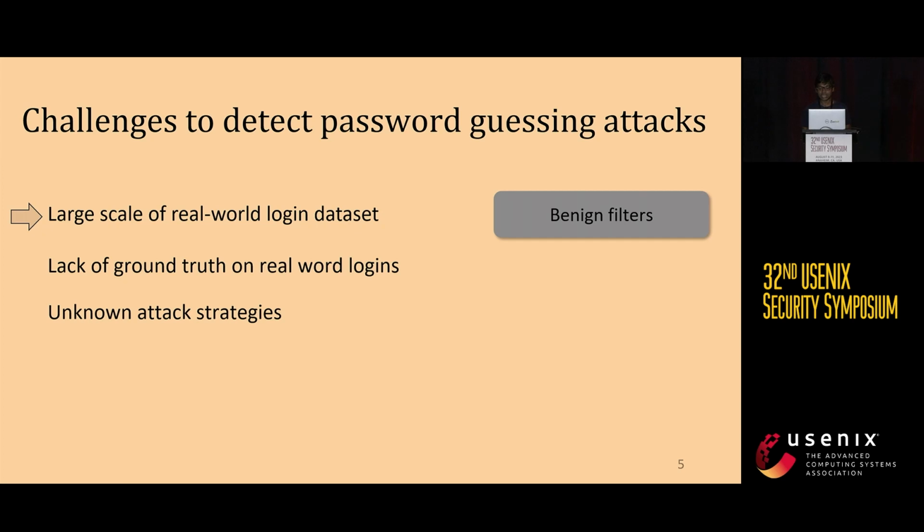To solve the first challenge, we observed that by using some benign filters, we can essentially remove the majority of the overwhelming login requests received by the authentication server, which are coming from IP addresses that are outrightly benign. To deal with the missing ground truth, we consider an unsupervised clustering-based approach.